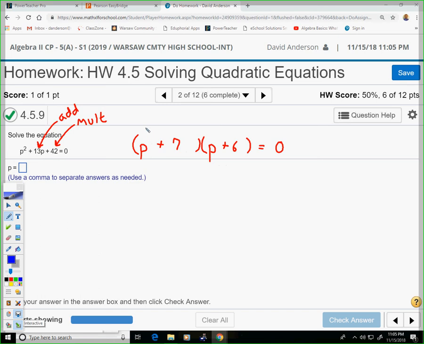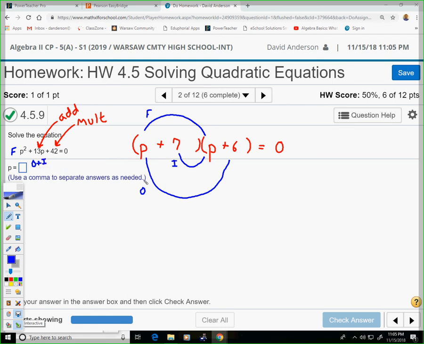Because when we FOIL, if I was to take these two factors and FOIL them back together, the F of FOIL, p times p, gives us this first term here. P times p is p squared, and that's the only way that we get the p squared. The O and the I of FOIL, outside and inner terms, those add together to give us the middle term here.